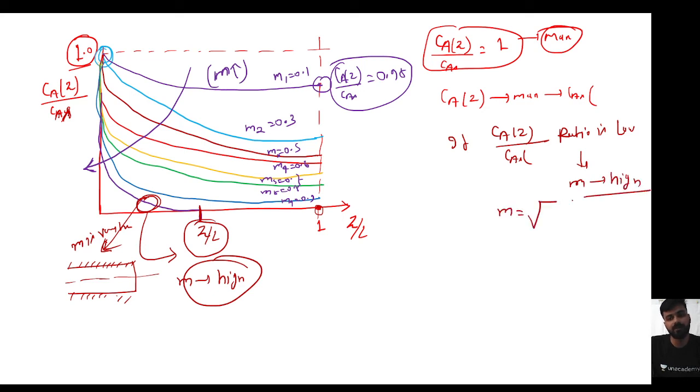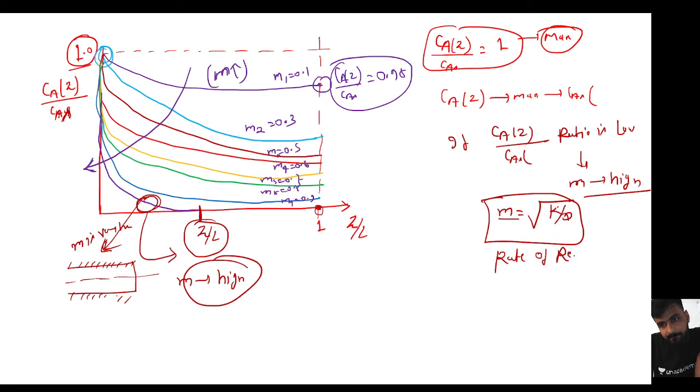Because M is equals to, my dear student, root K upon D. M is equals to root K upon D. So here what you can say, rate of reaction is very high. Are you getting? What you can say here, in this particular condition, rate of reaction is very high for this particular curve, where Ca by Cas value is less.